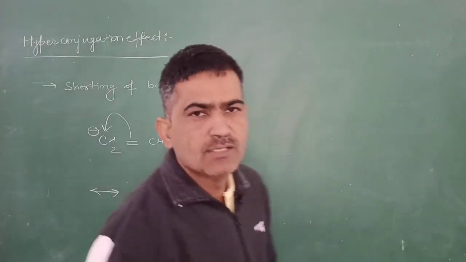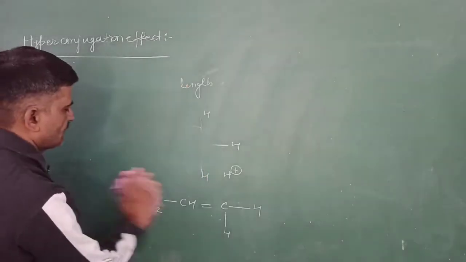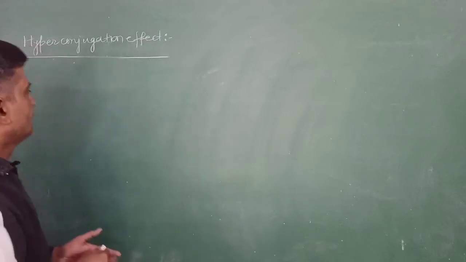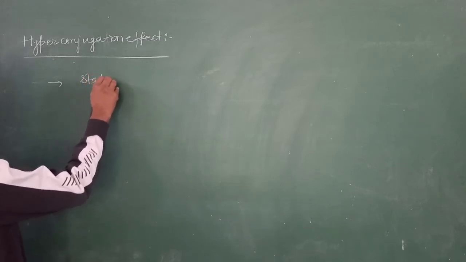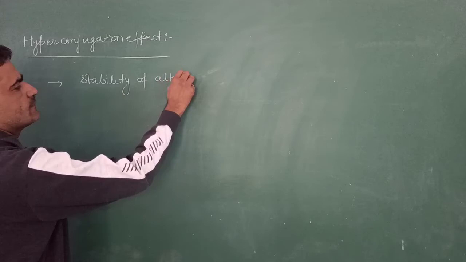We can use the concept of hyperconjugation to explain the stability of alkenes, to find out which alkene is more stable. Stability of alkene.